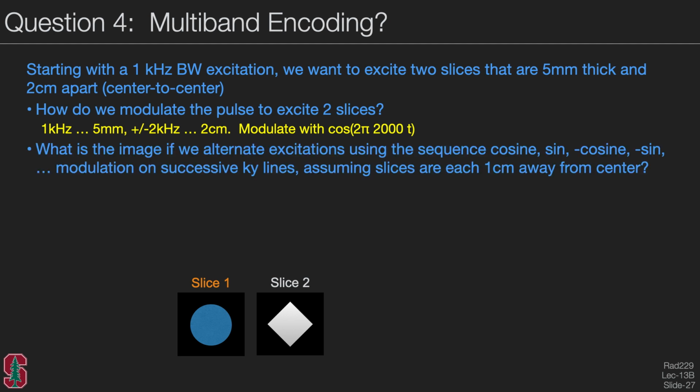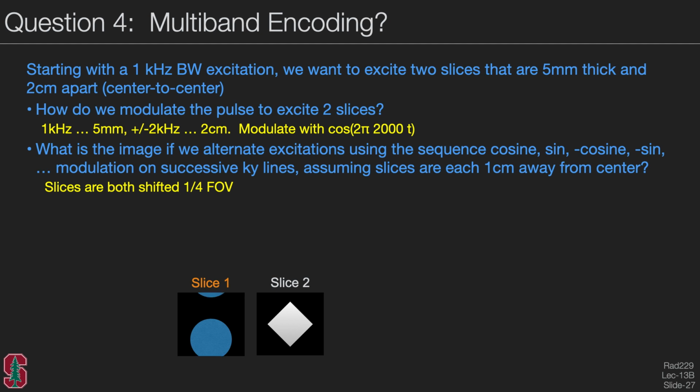Now, what is the image if we alternate the excitations using the sequence of cosine, sine, minus cosine, minus sine. So this modulation on successive ky lines. And now we're assuming that the slices are 1 centimeter away from the center, which is exactly what we had above. So in this case, the slices are both shifted by a quarter field of view.